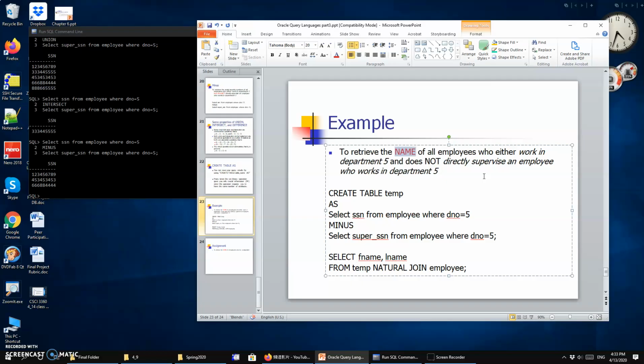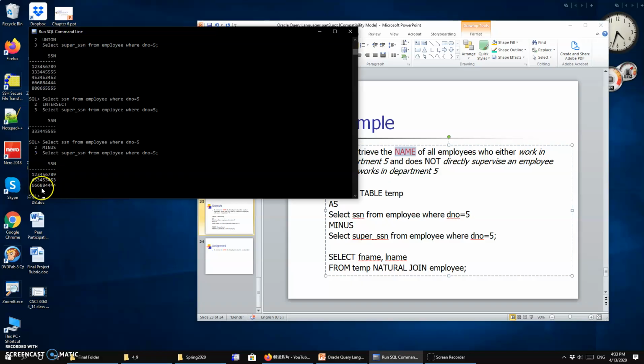However, if we change the question into retrieve the name of all employees who either work in department number 5 and do not directly supervise the employee who works in department number 5, now, instead of social security number, I need the name. But we can only retrieve the social security number, just like we see on the screen over here. We are not able to get their name. So what should we do?